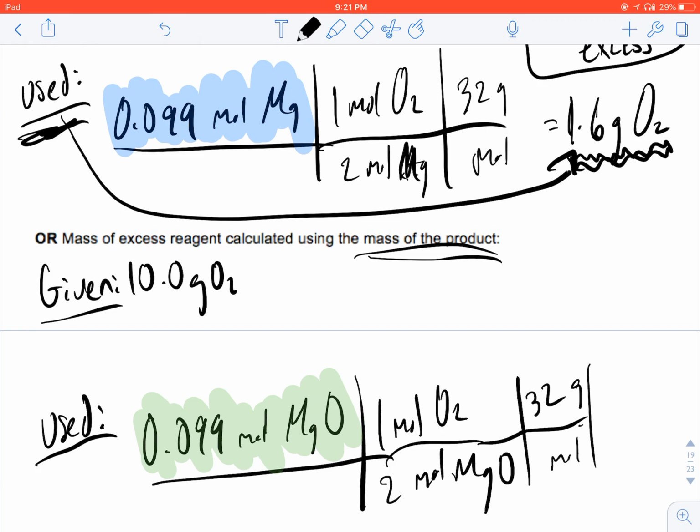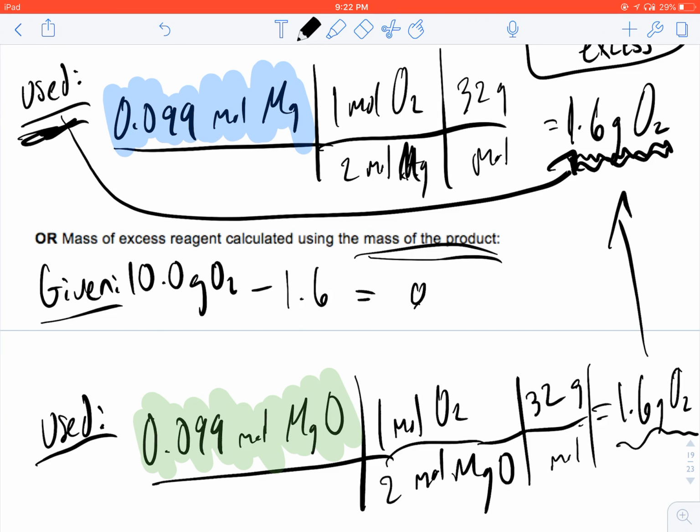The only thing that changed was our starting units, in terms of moles of magnesium oxide instead of moles of magnesium. So again, we see that we had used 1.6 grams of O2. So subtract that from the given. And once more, we see that we have this much excess O2.